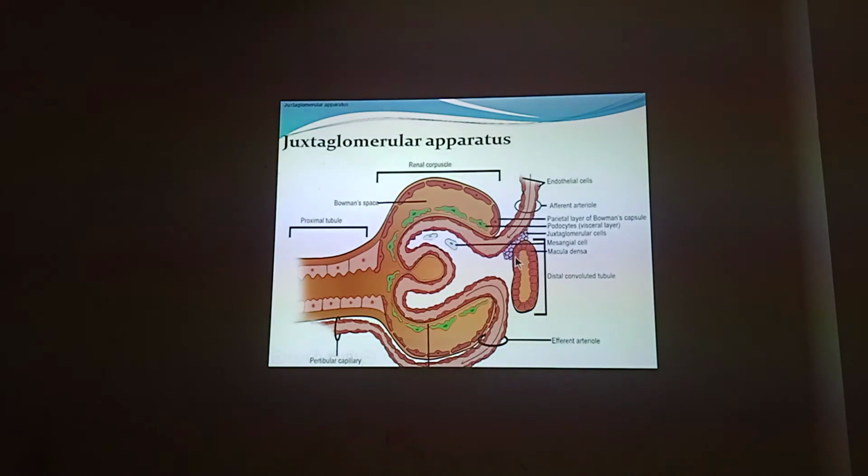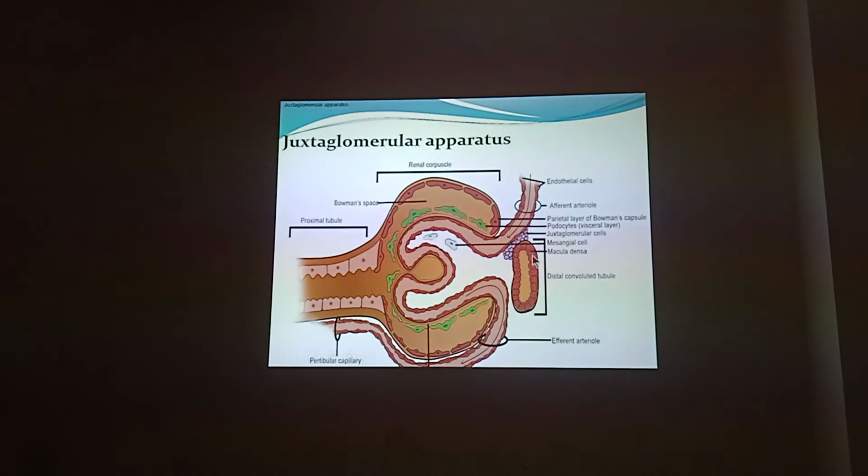You can see here it easily, and this is known as macula densa. So often asked in the exam, what is macula densa? Macula densa is nothing but the differentiated cell of distal convoluted tubule which differentiate from cuboidal to long columnar type.